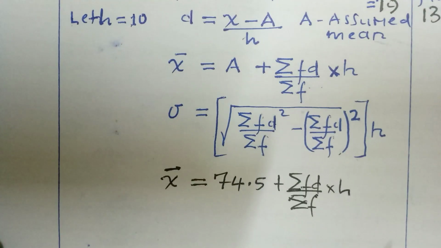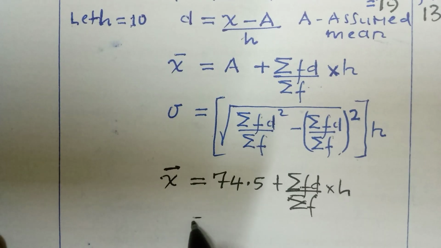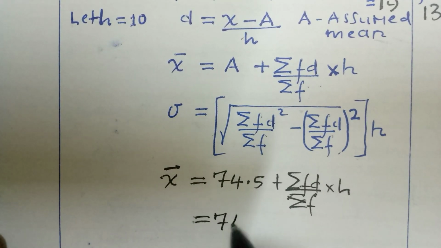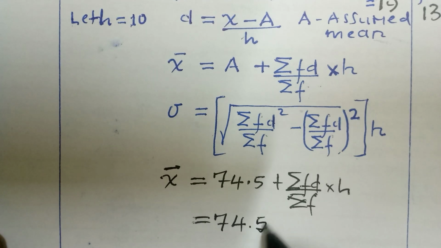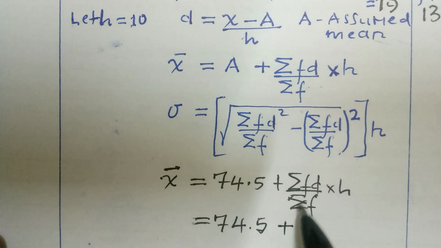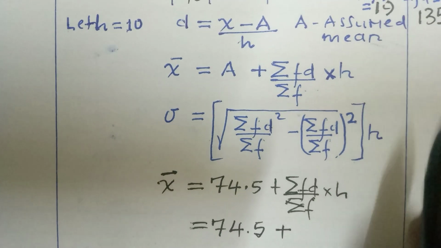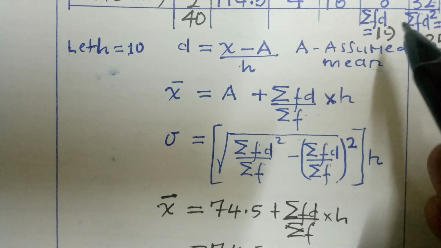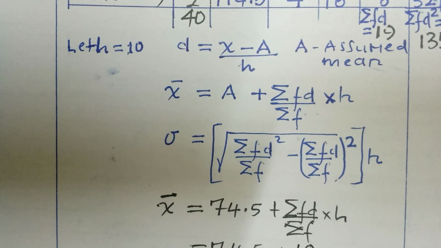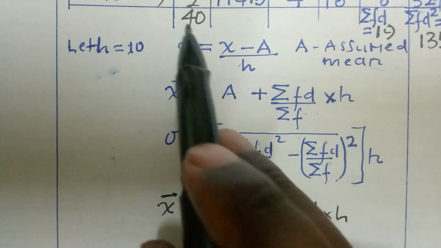So this one comes to 74.5 plus, that is, the first one is this, which is 19, divided by the frequency.